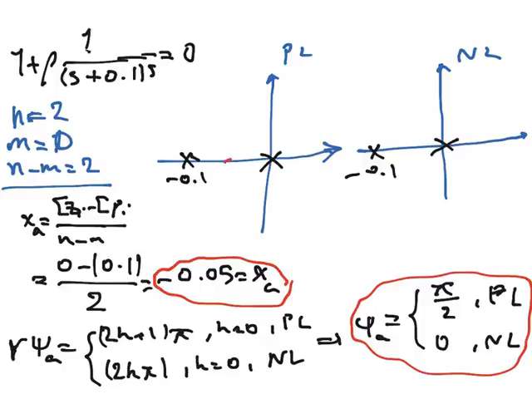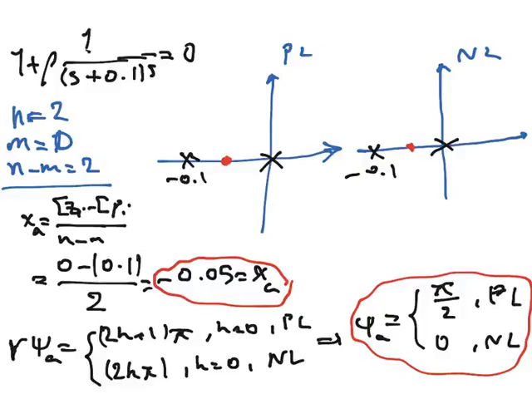So here xa is minus 0.05, and we will have two asymptotes in each case actually.